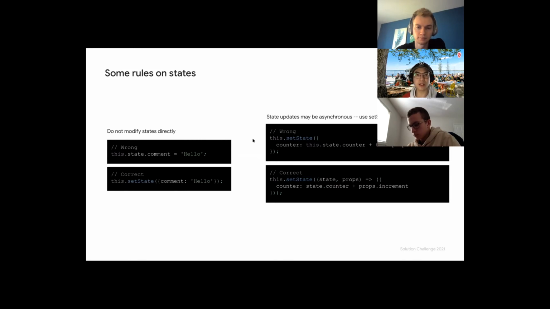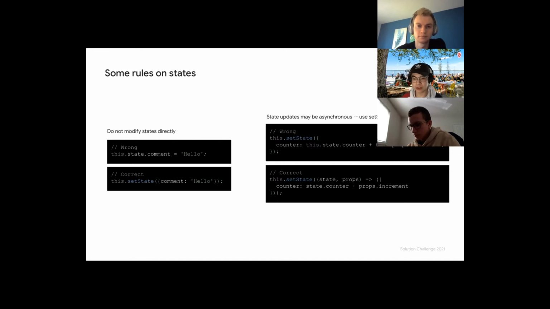React sometimes batches, like combines, different state updates together. So in this first case, it might not work because the counter or increment can have a different value than expected because it might be called later than expected.